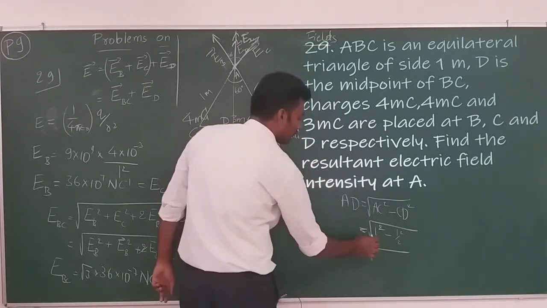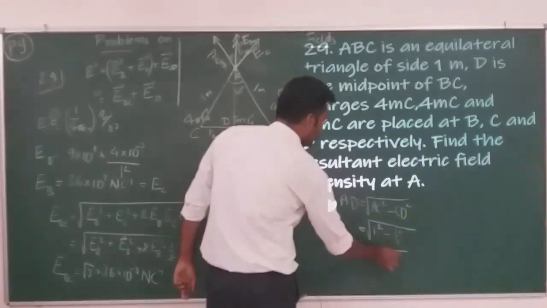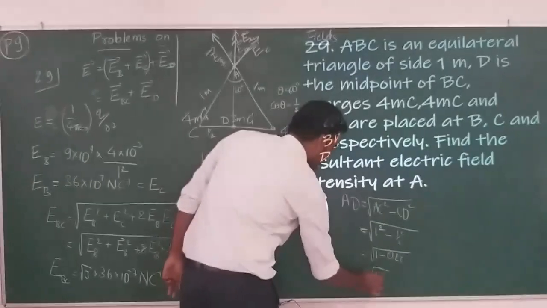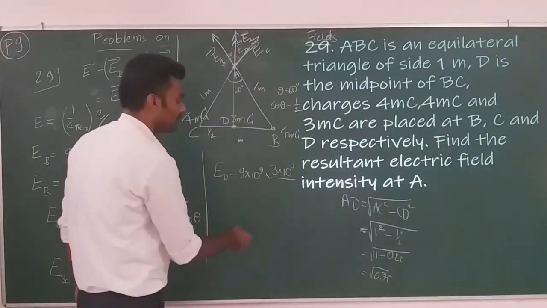So it's 1 minus half, which is 0.5, whole squared, which is 0.25, so AD is root 0.75. Make use of a calculator and find it.